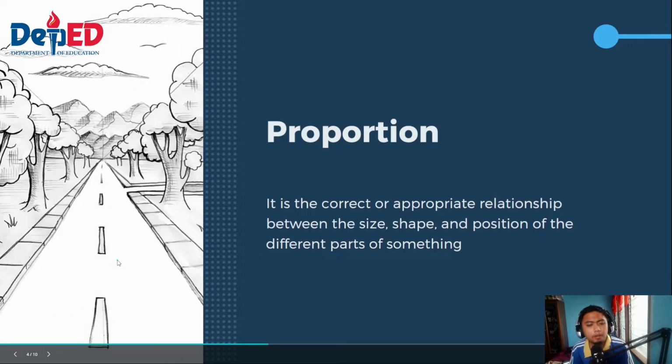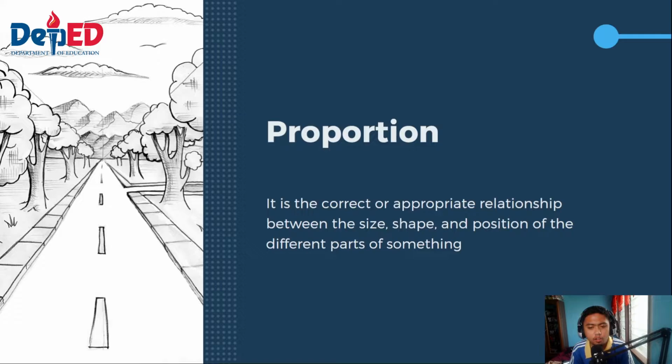So, when we talk about proportions, it is the correct or appropriate relationship between size, shape, and position of the different parts of something. In our case, in the illustration. If you look at the image here, not all of the trees are of the same size, but because of their position, they have a different shape or different size because of that certain distance or position.